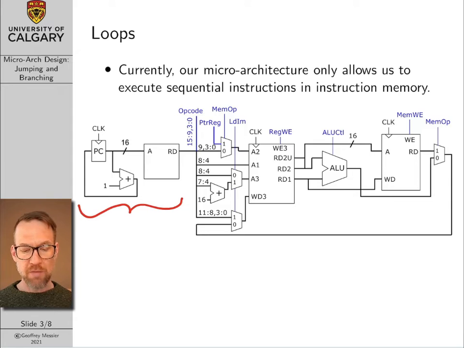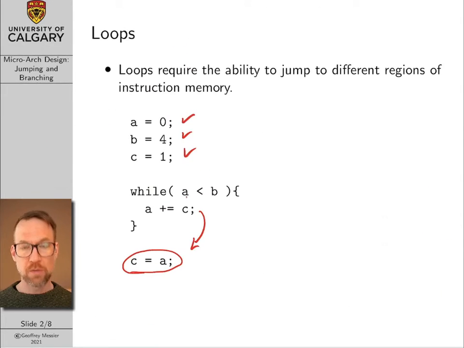But the area I've highlighted here in red is our instruction memory. Our instruction memory stores a series of 16-bit instructions, and the program counter is incremented by 1 so that we read those instructions sequentially out of instruction memory, one after the other. However, sequential execution of instructions doesn't work when we are trying to execute a loop.